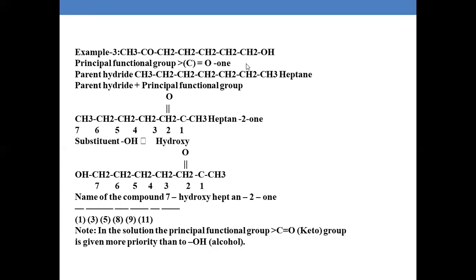Being a functional group, you have to assign hydroxy. The name hydroxy should be indicated. Now the name of the compound will become 7-hydroxy, because hydroxy is located on the 7th carbon. Hept, because the parental chain is of 7 carbon length. Hept is the root word. And where is the ketonic group located? On the 2nd, so 2. And what is the suffix for ketone? On. Right? 7-hydroxy hept 2-one is the IUPAC name of this compound.